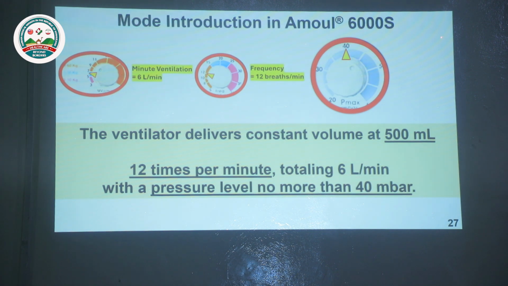But because we have another parameter over here, the pressure limit Pmax, when we set 40, it means that the ventilator delivers constant tidal volume around 500 ml, 12 times per minute to get the minute ventilation around 6 liters per minute, but with the pressure level no more than 40. So it means that the ventilator delivers positive pressure at the tidal volume around 500, but the pressure it delivers is not more than 40.